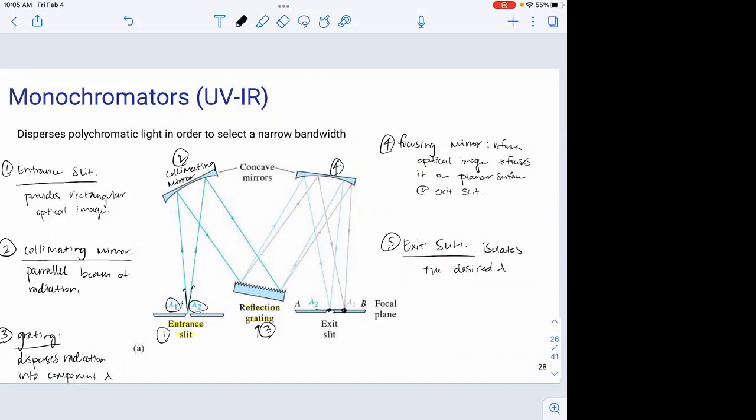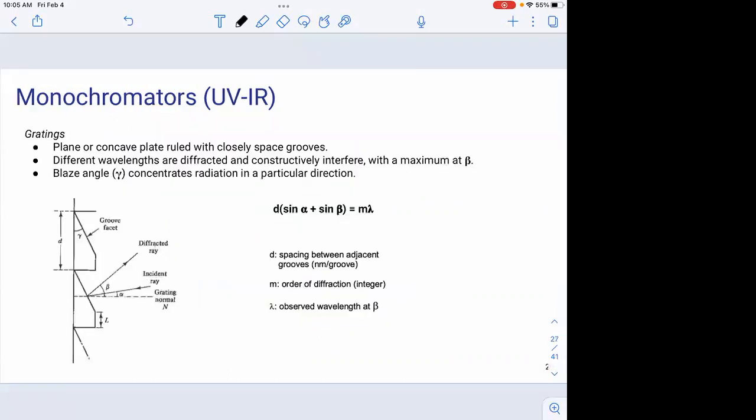All right, so let's talk more about gratings. Gratings come in lots of different flavors. This is an example of a blazed grating, this image down here on the left. Basically, we have a plane or a concave plate that is ruled with closely spaced grooves. This is the same idea that you'd find on a CD or a DVD, right?